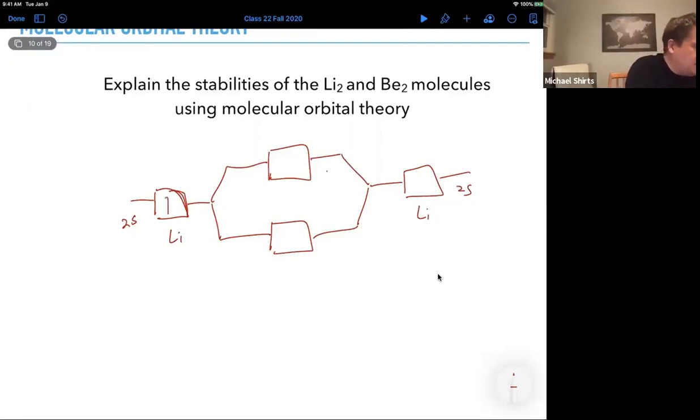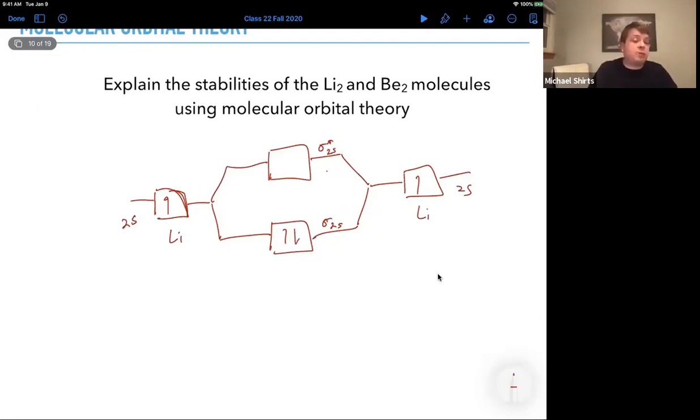And lithium has 1 2s electron, 1 2s electron. And so we have 2 symmetric orbitals. We're going to have a bonding orbital. This is now the sigma 2s, sigma star 2s. And so this has 2 electrons, and that's it. We've exhausted all the electrons that were in the initial 2 atoms.